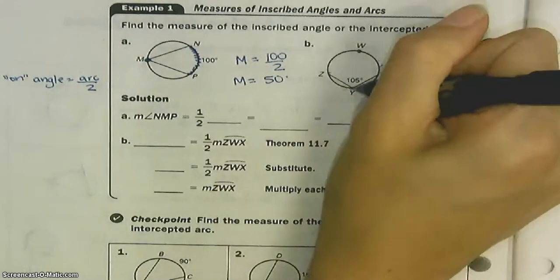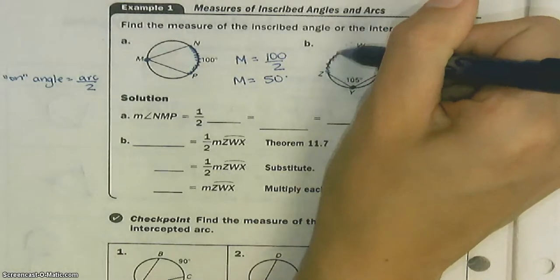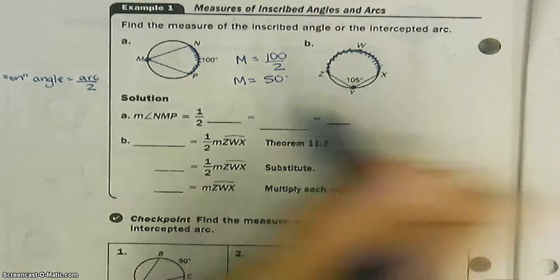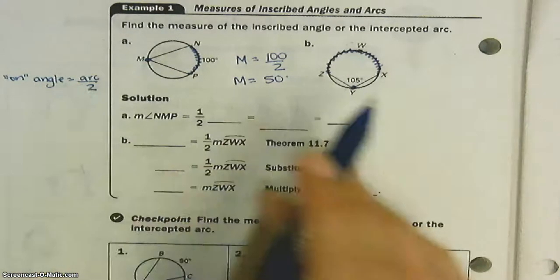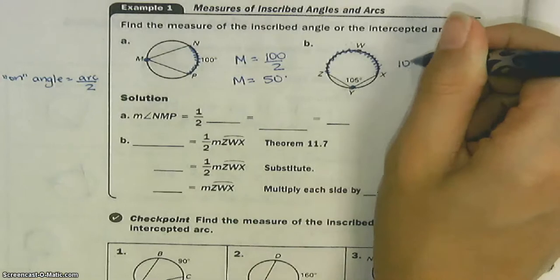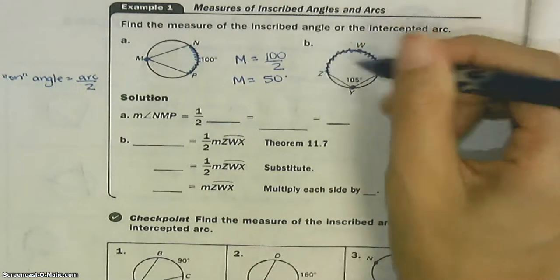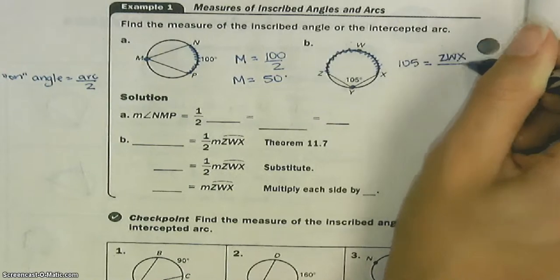Over here we also have an on angle, an inscribed angle. And it's chomping on, it's intercepting this arc right here. Well, we have on angle equals arc divided by 2. Well, our angle this time is 105. 105 equals arc. We don't know the arc. We can call it ZWX over 2.